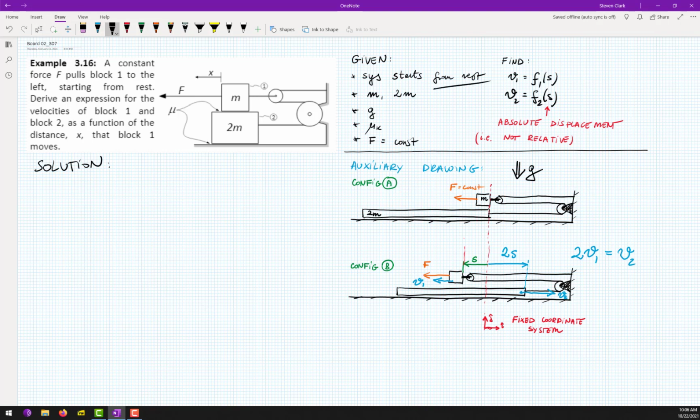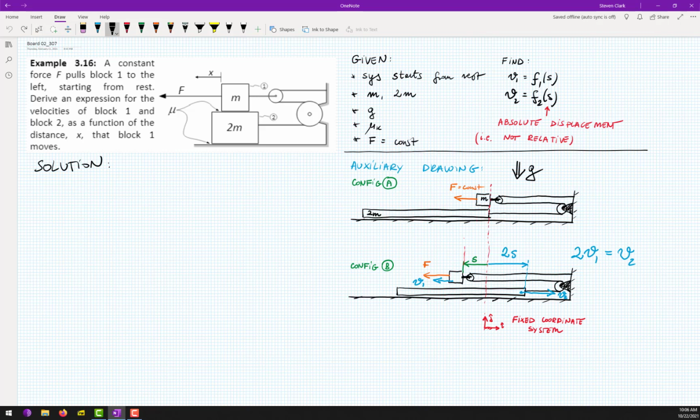System starts from rest, and we have no values here. This will be a symbolic solution, and they ask us to express velocities as functions of position. And that position is absolute displacement, not relative. All right.